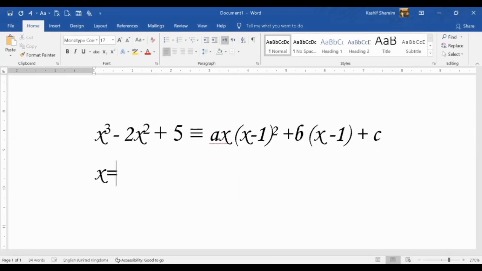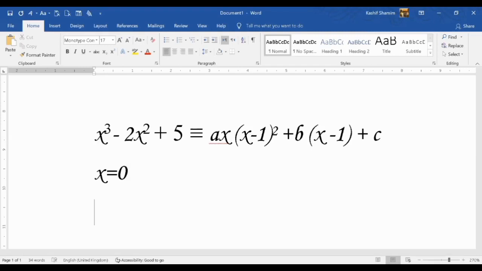When x is 0, nothing happens to C, nothing happens to B because 0 minus 1 times B becomes negative B. So the B is not eliminated. Over here, when we take x as 0, A multiplied by 0 becomes 0 and this 0 multiplied by this whole bracket becomes 0. So the value of this term that contains the A is also eliminated.